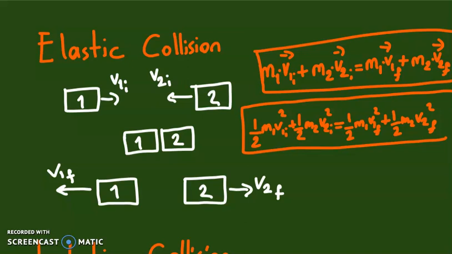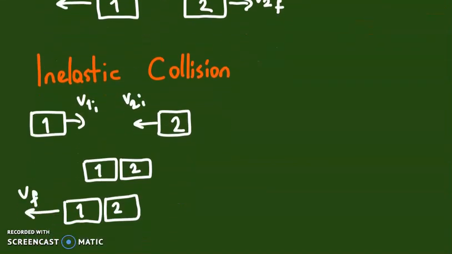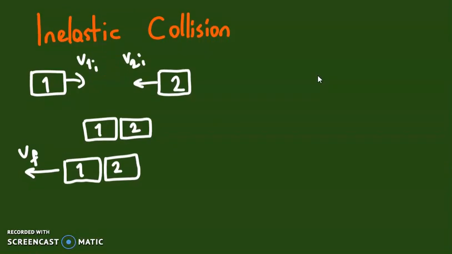So what about another collision type? There are two objects, 1 and 2. As you can see, they go toward each other, they have a collision, and after that they stick together. This is called an inelastic collision. In an inelastic collision, the momentum is still conserved, but kinetic energy is not conserved. Let's write the momentum here.